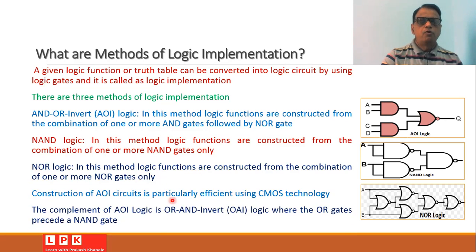Now, whenever we complement the AOI logic, that logic is called OR-AND-invert logic, or OAI logic, where the OR gates precede a NAND gate. So let us discuss all these three methods of logic implementation along with suitable examples.